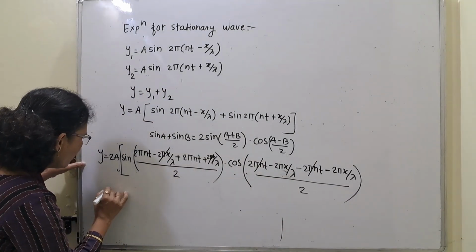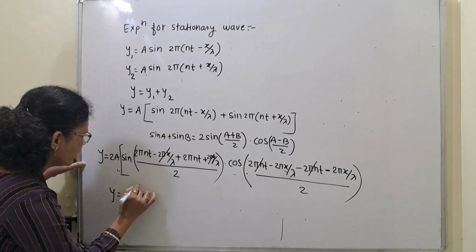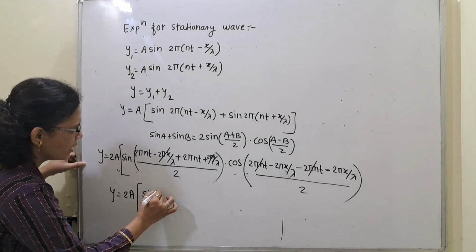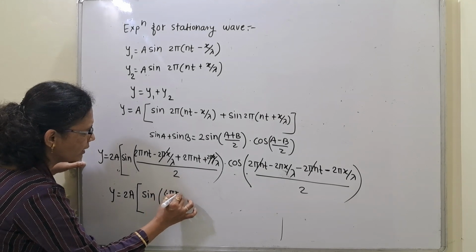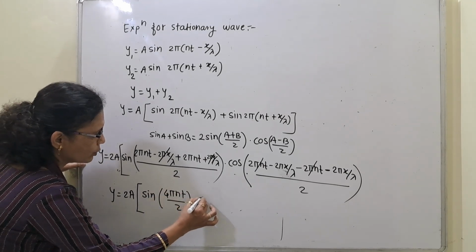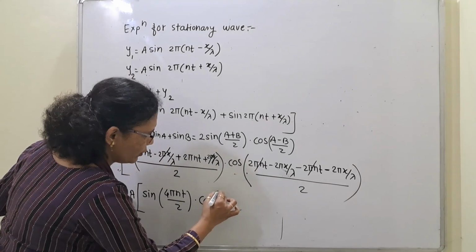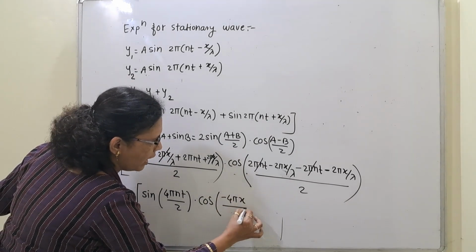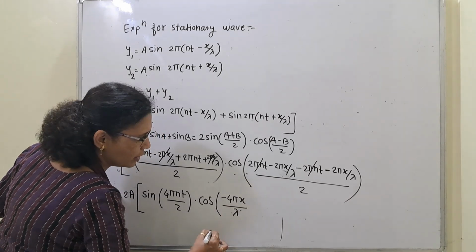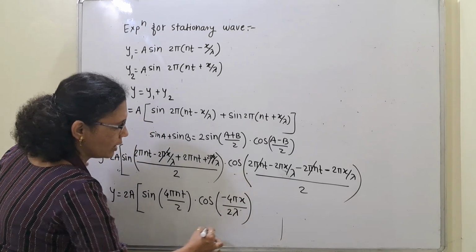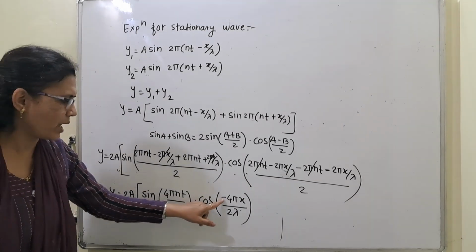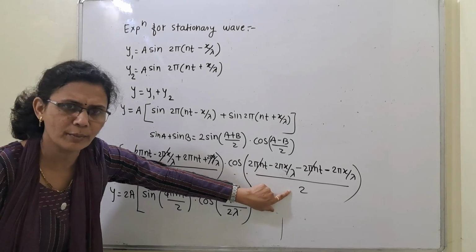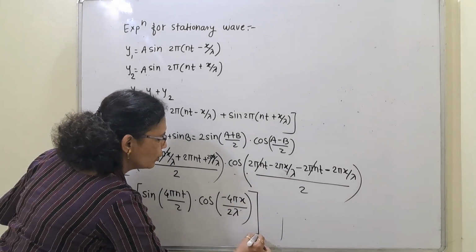So, y is equal to 2a in bracket sine of 4 pi n t upon 2 into cos of minus 4 pi x upon 2 lambda. Lambda will be in the denominator, therefore here there will be 2 lambda.